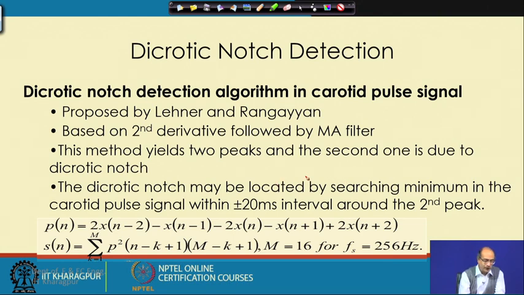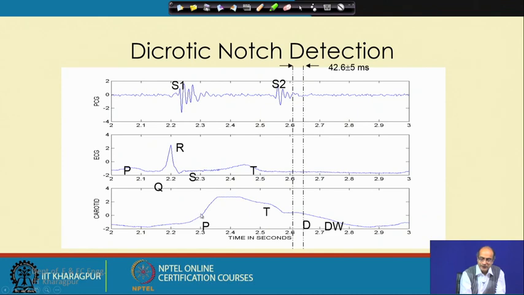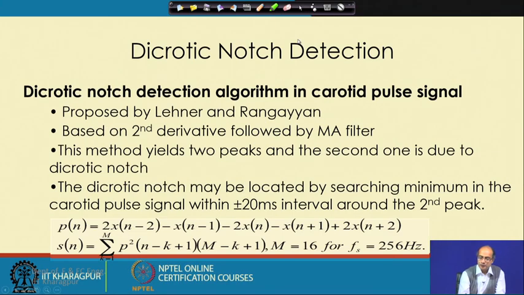If we take the second derivative, it will give a peak somewhere here, where there is an increase in the signal amplitude, and again a peak here. That is why they talk about looking for the second peak. Out of the two peaks, the second one is taken, which corresponds to the dicrotic notch.